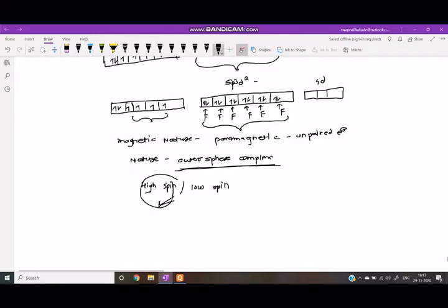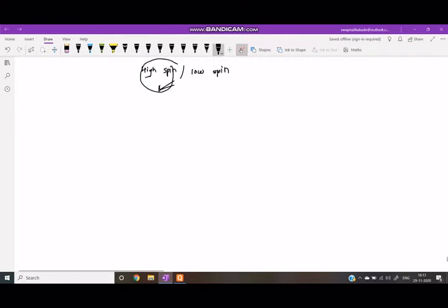Now we can see the next example: Co(NH3)6 3+. First find out the oxidation state, then find out the nature of the ligand. Here the ligand is NH3.